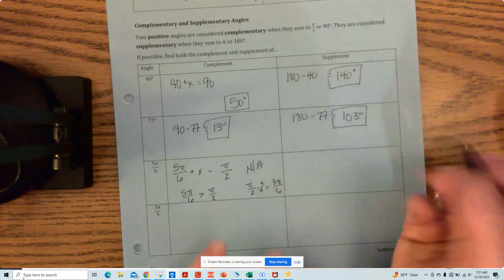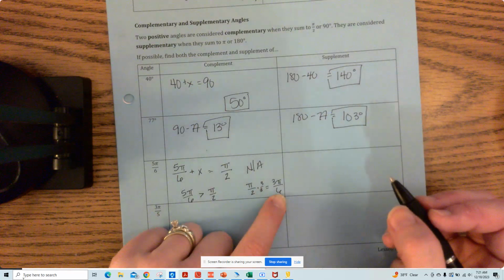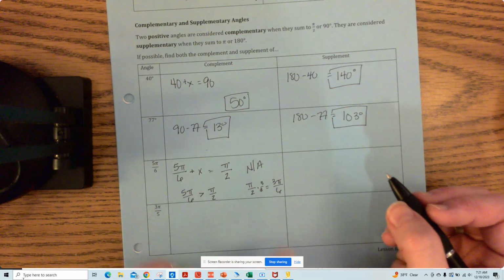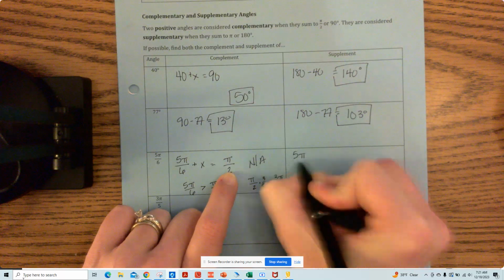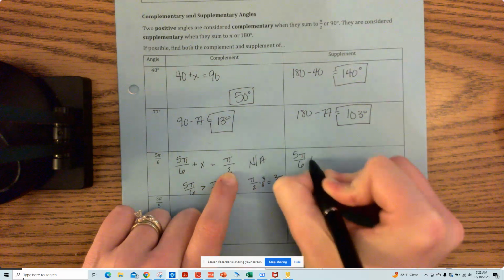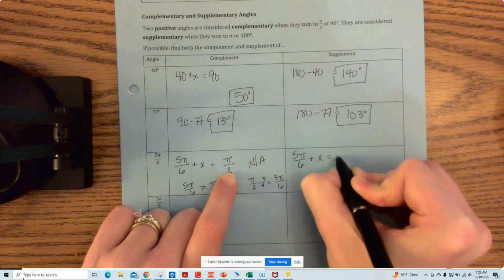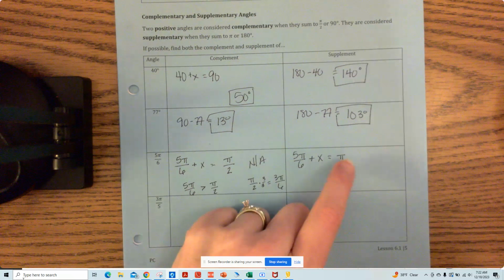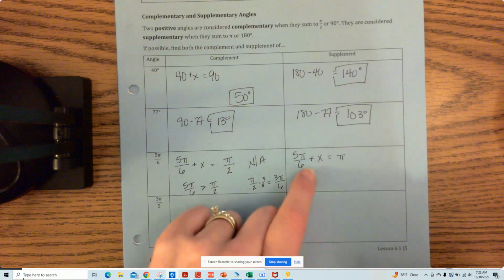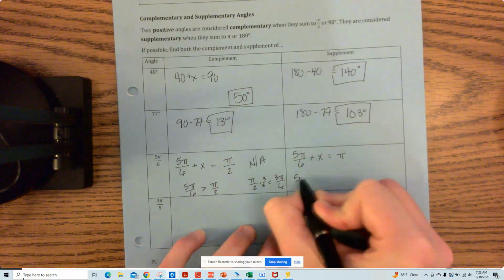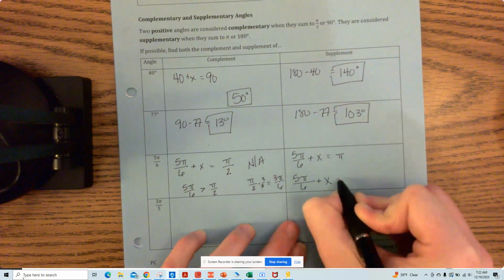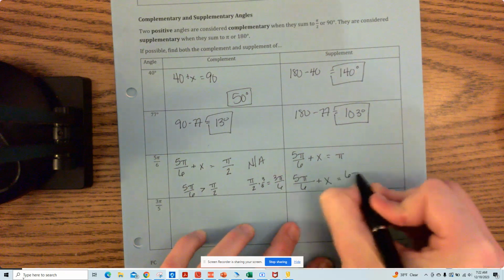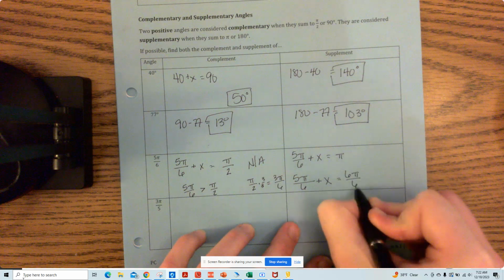Okay. If I want to do the supplement, this one's got to add up to pi. So 5 pi over 6 plus x has got to equal pi. Again, I'm going to make this have the same bottom. Okay. It just makes seeing it easier. Plus some number is going to equal 6 pi over 6.